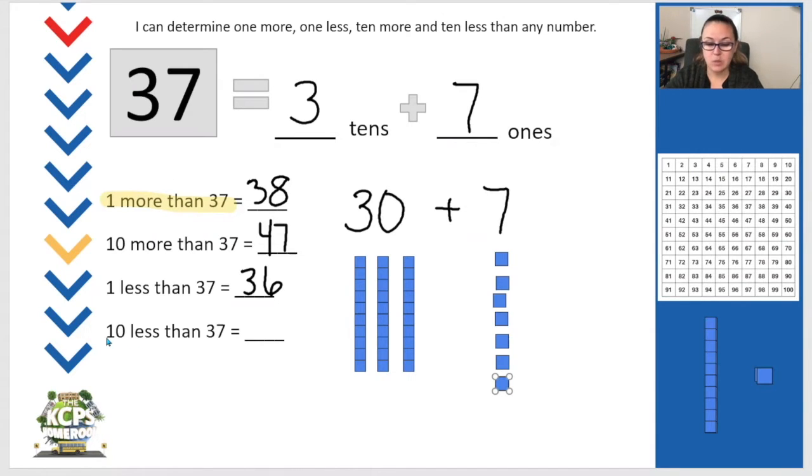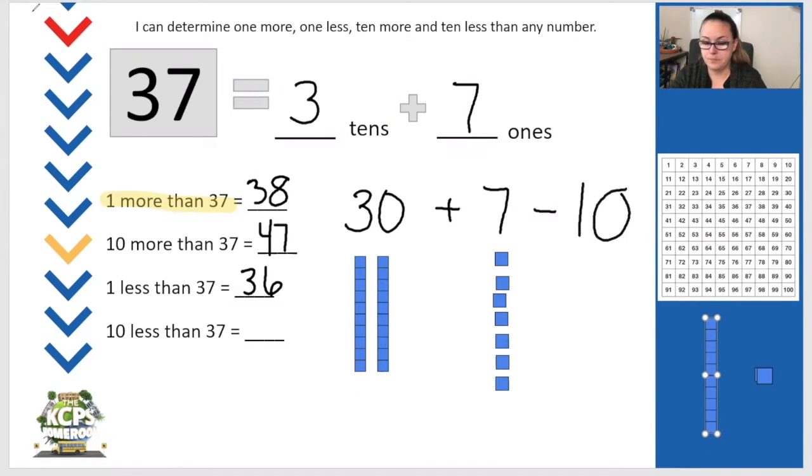Now we're calculating 10 less. So what are we going to take away? That's right, let's take away 1 10's rod, or 1 10, because we know that 1 10 is equal to 10 1s. Now we have 30 plus 7, and we took away 10.